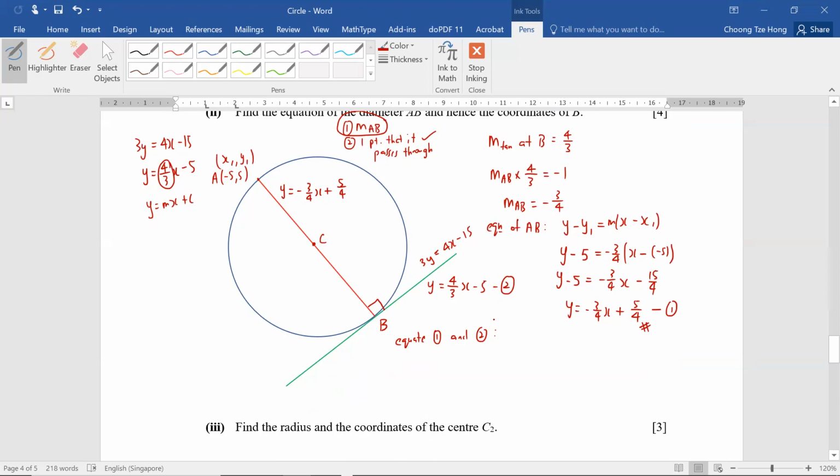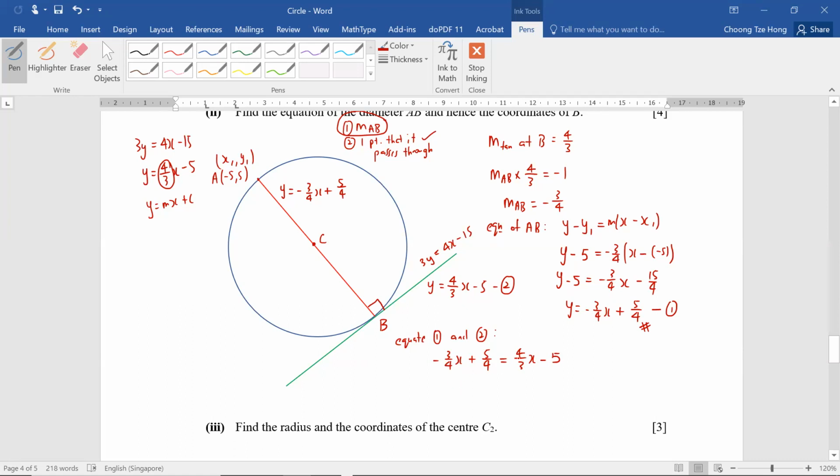If we equate 1 and 2, we will get -3/4 x plus 5/4 equals 4/3 x minus 5. We'll bring all the x terms to one side.